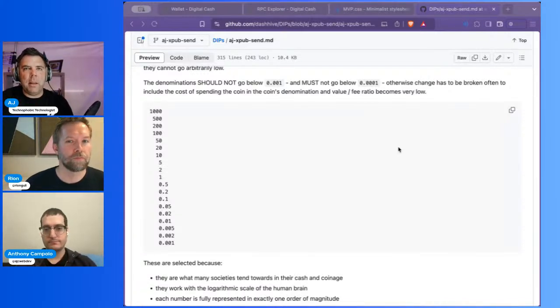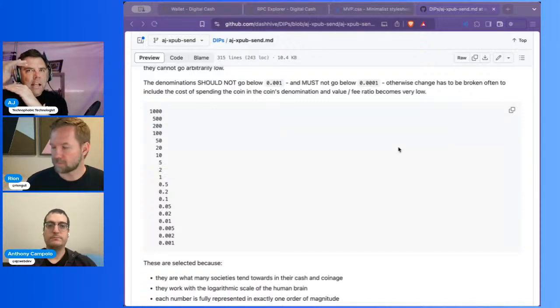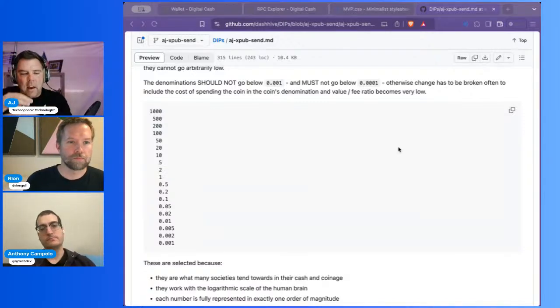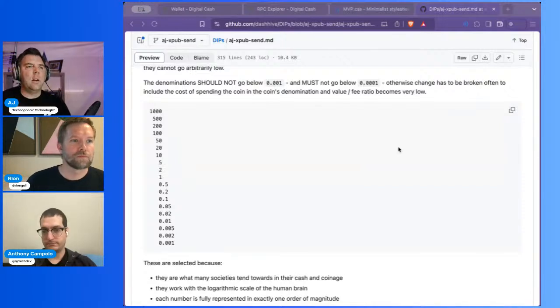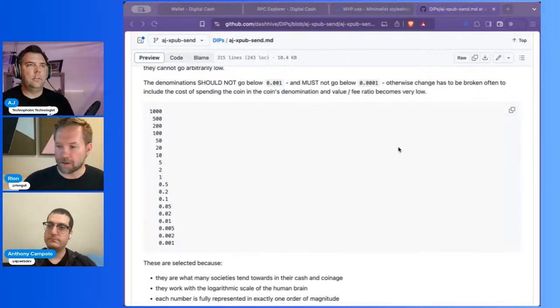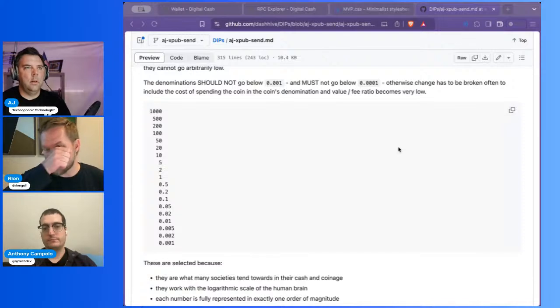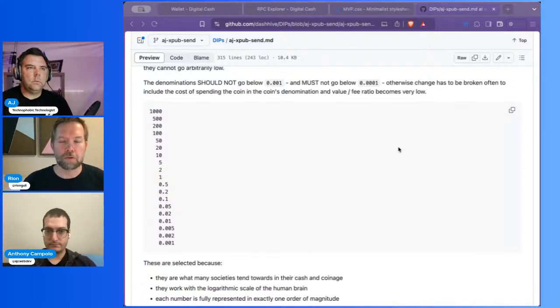The dip can be implemented all the way up at the highest layer of the code. Sure, where the UI is touching. It doesn't have to go anywhere near the blockchain code. But yes, to get the full advantage as far as CoinJoin is concerned, the first step towards improving CoinJoin would be adding the denominations. Yes, that's the topic today. So that's why I was bringing it up as well.